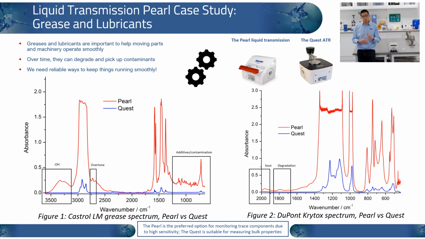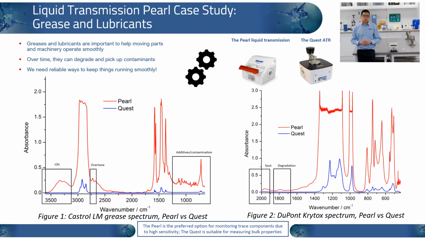And the Quest would be more suitable for measuring bulk properties. And you can see the difference by looking at the two spectra here. So we'll start off by talking about figure 1 on the left-hand side. In the red spectrum, you've got a spectrum of Castrol grease collected using the liquid transmission Pearl. And in the blue spectrum, you've got the Quest, which utilizes single bounce ATR.